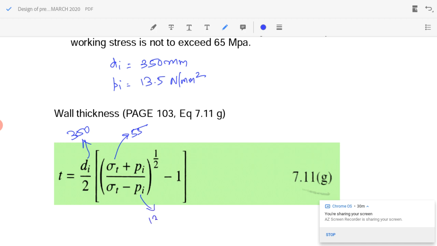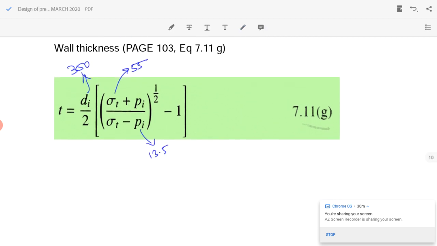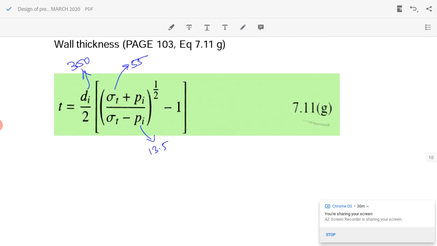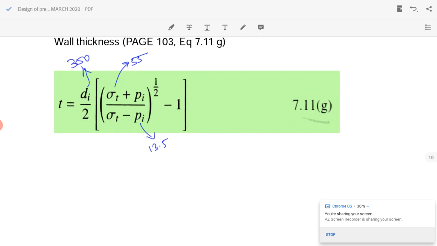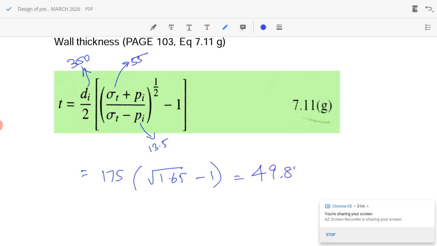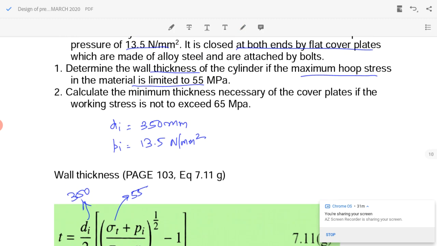It is a higher value, so I am using the thick cylinder equation. So t equal to 175 into root of 1.65 minus 1. This is the equation after substitution. I'll get 49.83 mm. So this completes our first step to find the wall thickness.